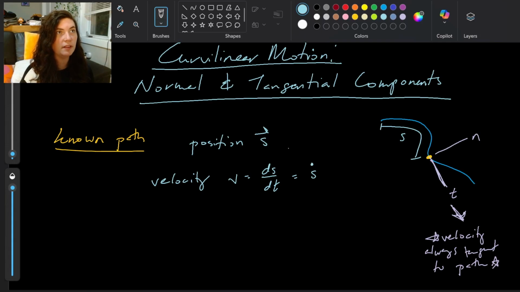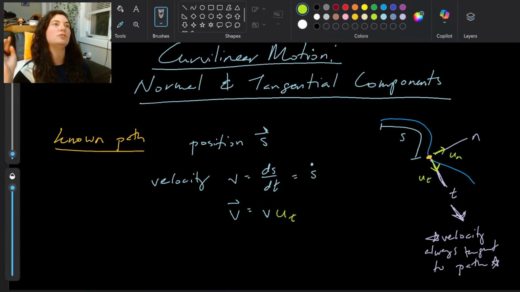And it's important to remember that this vector, velocity in vector form, acts entirely along the t-axis, always tangential. So we can think about this like if we have a unit vector representing the t-axis and a unit vector representing the normal axis, it's entirely in the t direction. So it's that derivative of position with respect to time that is going to give us that velocity.